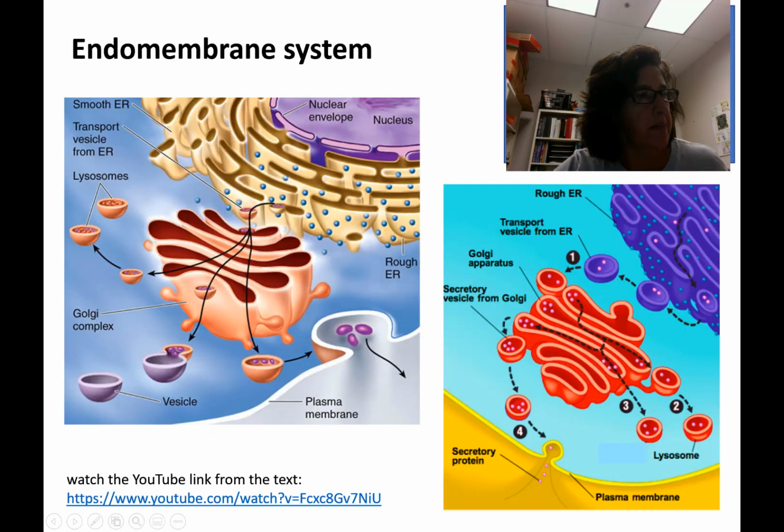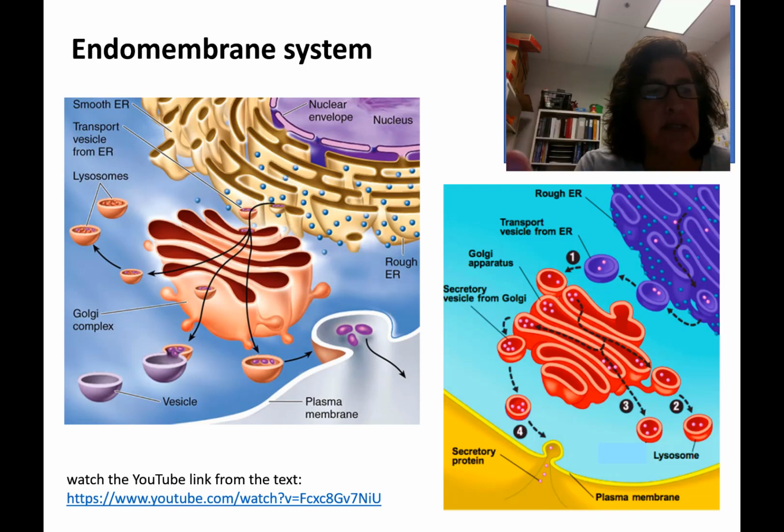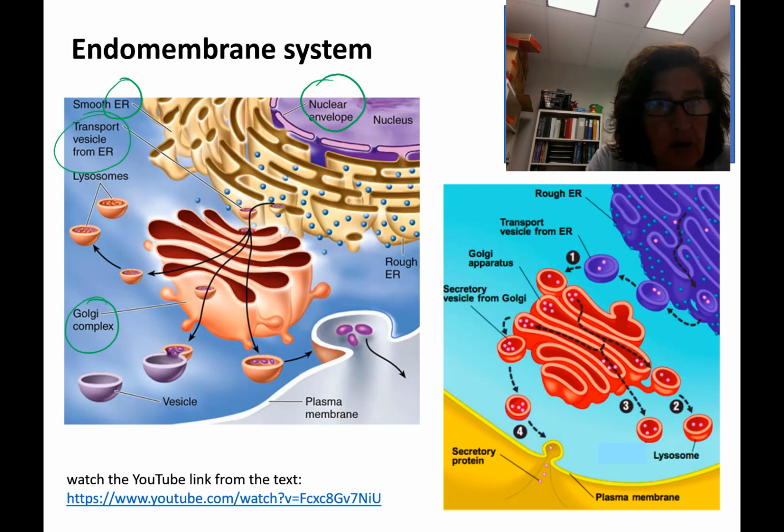So the endomembrane system is basically the organelles we were just talking about. It consists of the nuclear envelope, the ER, the Golgi, these vesicles, the lysosome, and the plasma membrane. So there's what, 1, 2, 3, 4, 5, 6 parts.